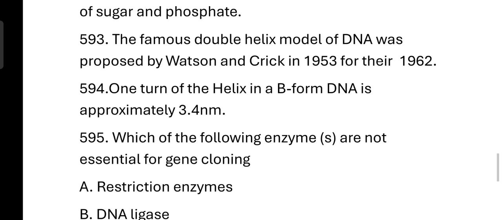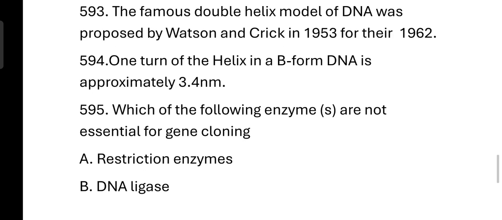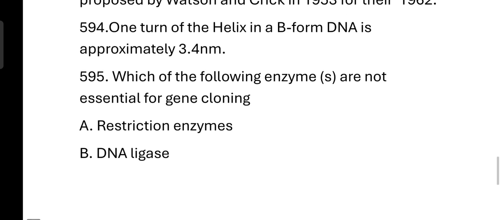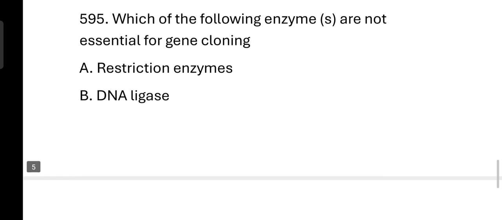The famous double helix model of DNA was proposed by Watson and Crick in 1953, for which they won the Nobel Prize in 1962. One turn of a helix in B-form DNA is approximately 3.4 nm. Which of the following enzymes are not essential for gene cloning?